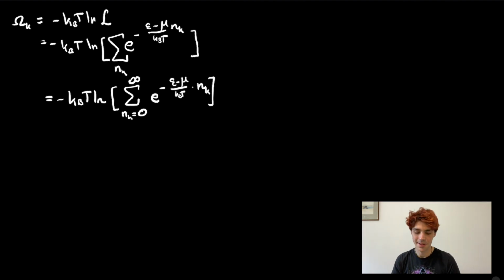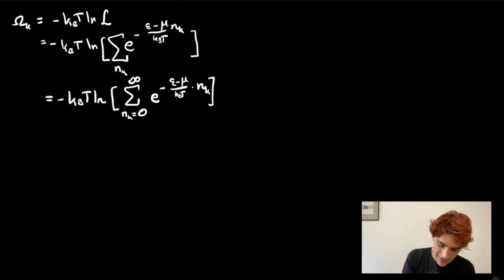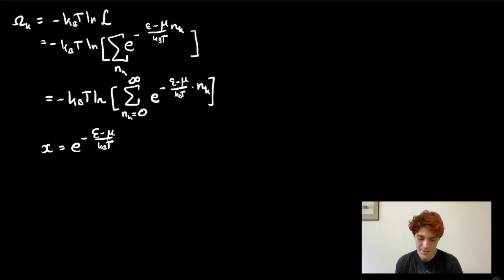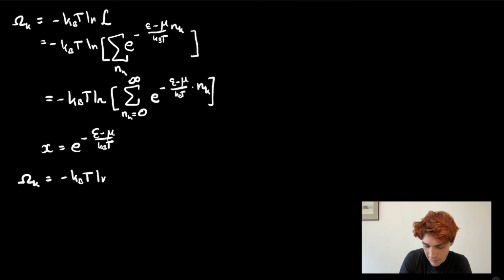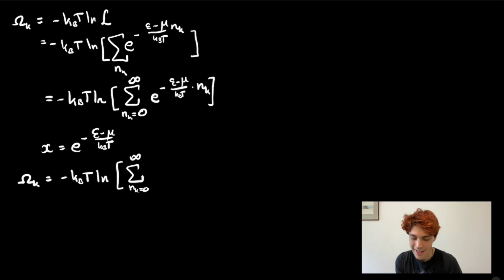So now we're going to make the substitution that x is equal to e to the minus epsilon minus mu over kBT. Now we're going to substitute that into our formula for omega. So omega equals minus kBT times the log of the sum, which is nk equals 0 to infinity, and instead of e, we're going to now write x.